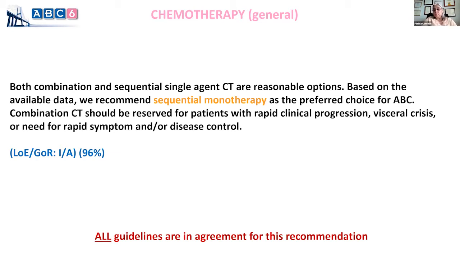So this is one of the most important messages, and it's regarding triple negative, HER2 positive, and hormonal dependent tumors. Anytime we need to go for chemotherapy, let's use our treatments wisely, one at a time, for as long as we can use each treatment. Okay.